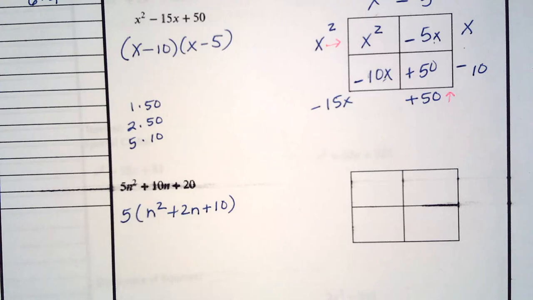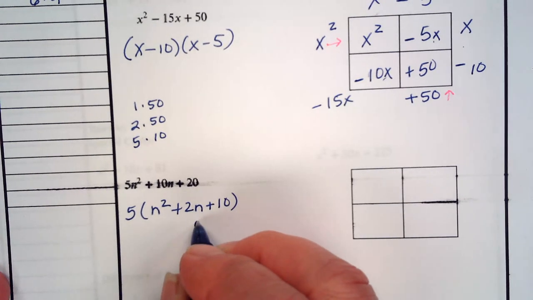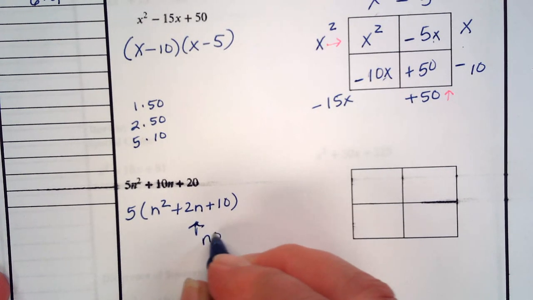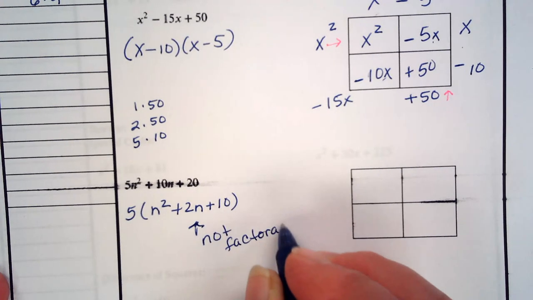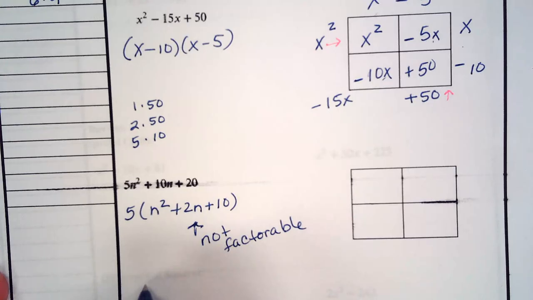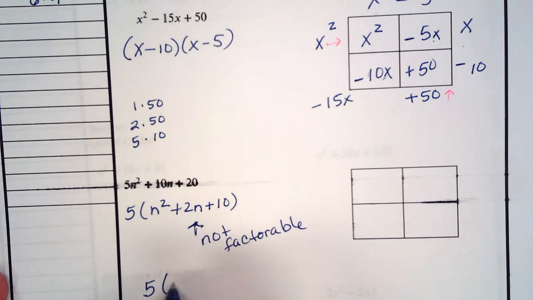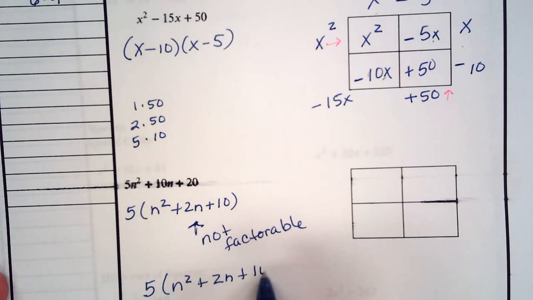Are there any factors of 4 that will add up to 2? No. This is not factorable. So the factorization is 5 times n squared plus 2n plus 4.